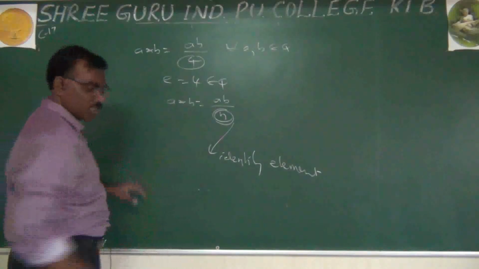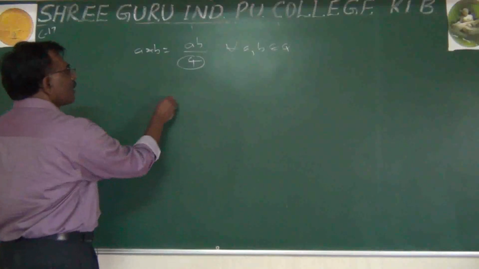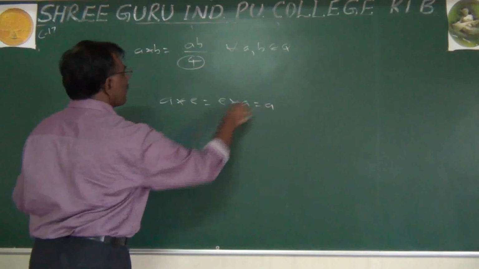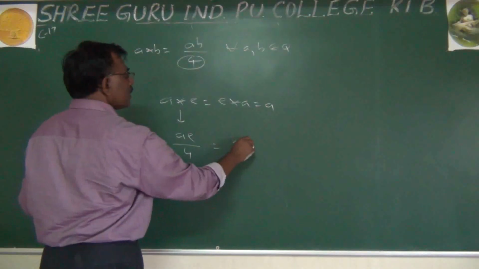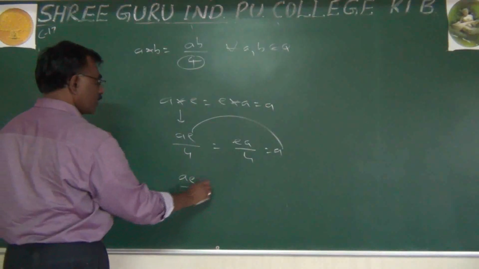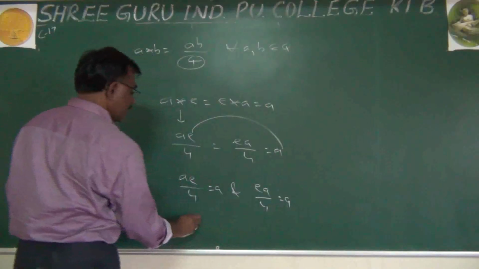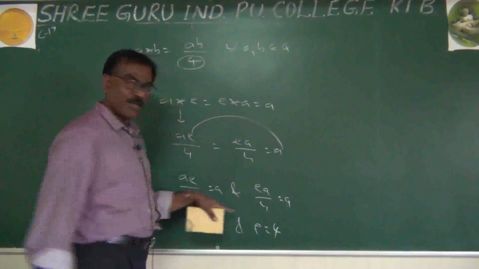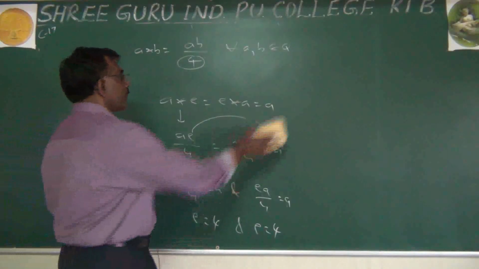If we solve, A star E equal to E star A equal to A. So AE by 4 equal to A, and EA by 4 equal to A. E value 4 and E value 4, both are same, and 4 belongs to Q. Therefore, the identity is 4. Okay?